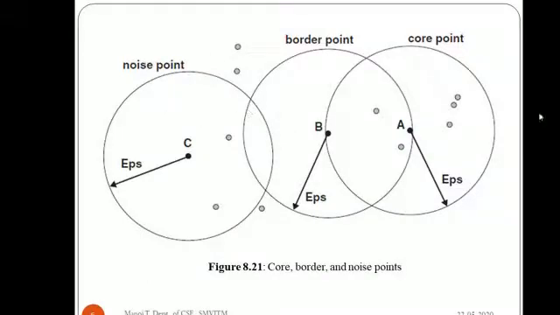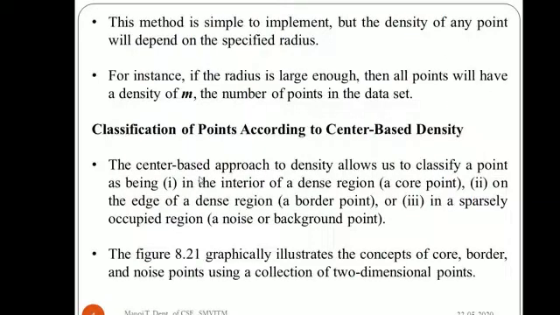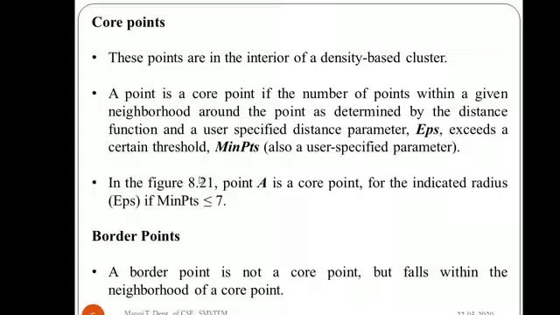Here you can see the core point, which is well inside a cluster, a border point which is on the edge of the cluster, and the noise point which is outside the edge of the cluster. Let us see each one of these individually, then we will go to the algorithm.